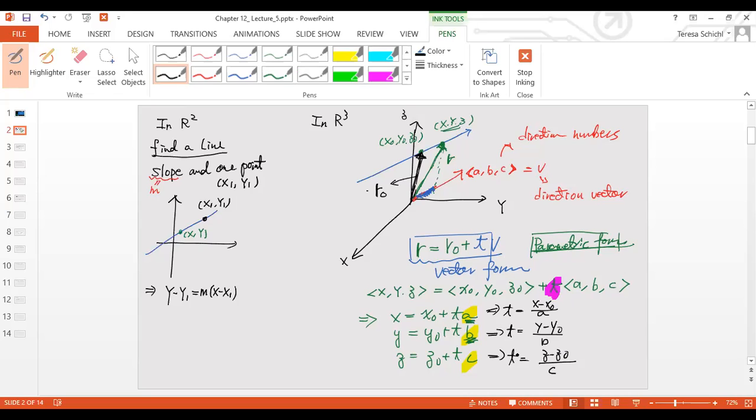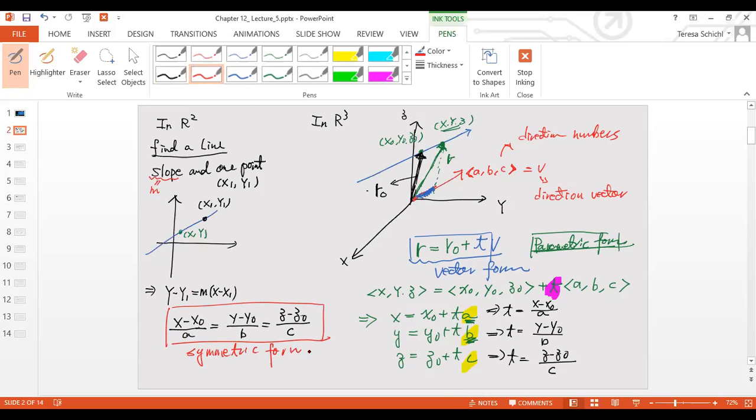As you can see, they are all equal to t. So I can write it as x minus x0 over a is equal to y minus y0 over b, and is equal to z minus z0 over c. And what do we call these forms? We call this a symmetric form.